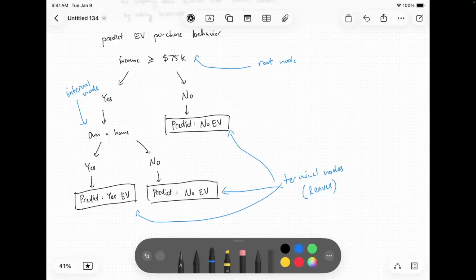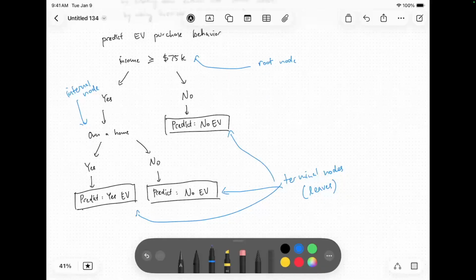So you can imagine you have data, you have a y and then a bunch of x's. And essentially on the y end, you want to divide the y's out such that they're separable based on variation in my x's. In this particular case, one of my x's is income, and I decided to divide it at the 75K breakpoint. So you can divide based on continuous variables, such as income, and then in the next internal node, we divided it by whether or not you owned a home, and that's naturally divisible, okay?